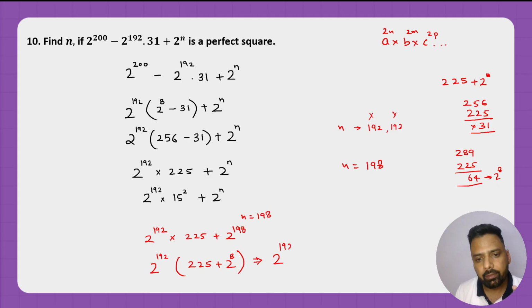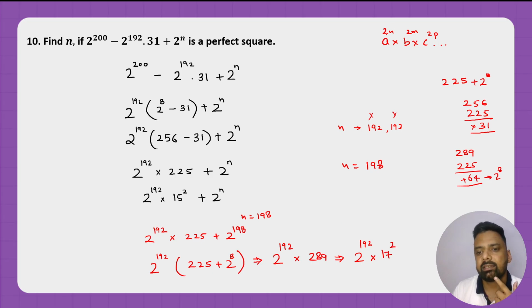So 2 to the power 192 into 225 plus 64, which becomes 289, and इसको we can write as 2 to the power 192 into 17 square, right.